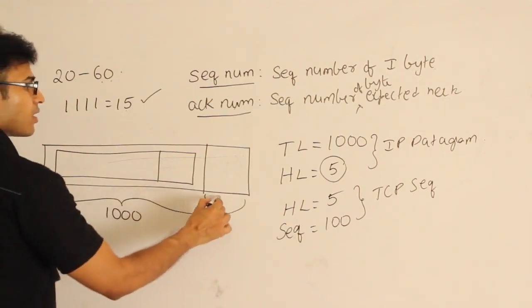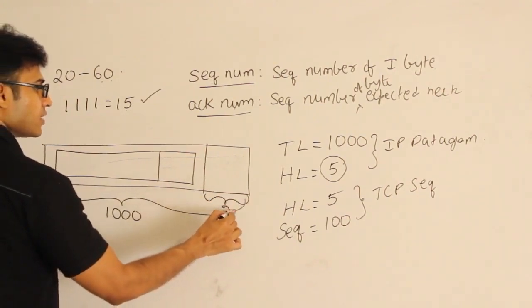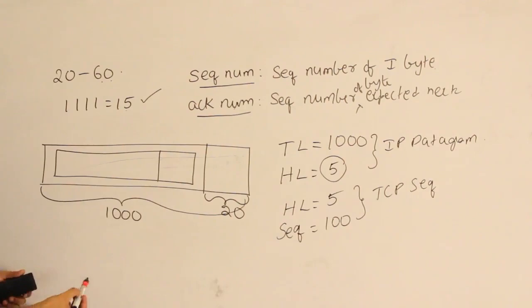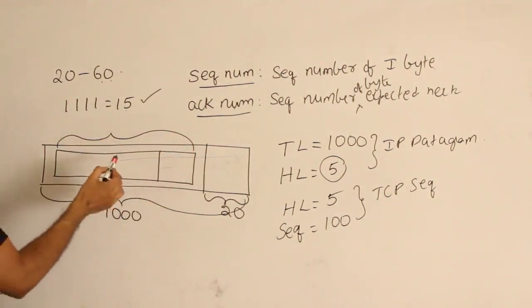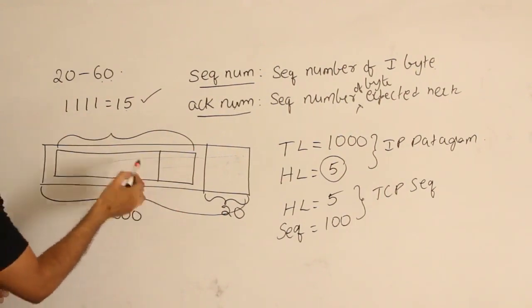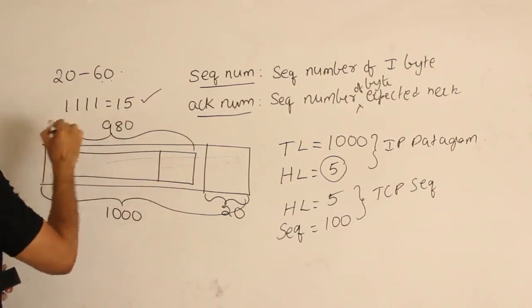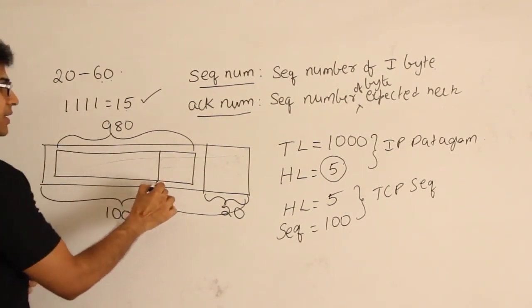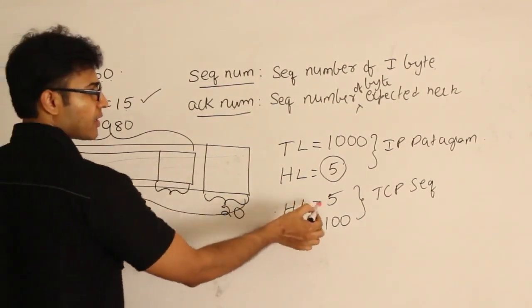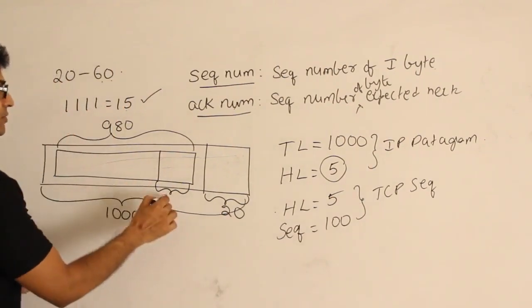So the IP header length is 20 and the total length is 1000. Therefore what is the body length? You could guess: 1000 minus 20, which means 980 bytes is the body length, right? Now they are saying that the TCP header length of the TCP segment is again 5, which means 20 bytes.